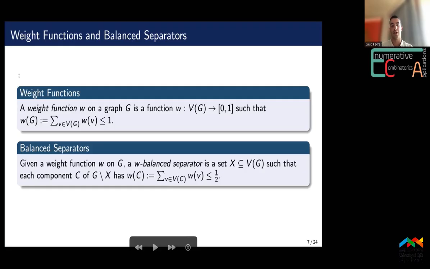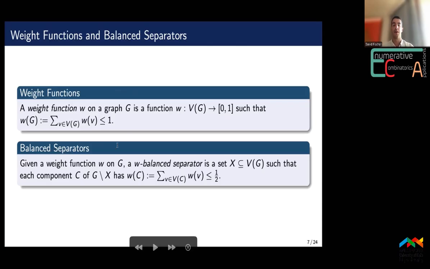A weight function is just any assignment of scalar values to the vertices of a graph, positive scalar values between 0 and 1, such that the sum of the values of W on all the vertices is at most 1. And sometimes you'll see this written as equals 1. For our cases, it doesn't really matter, but we use the more general, just at most 1.